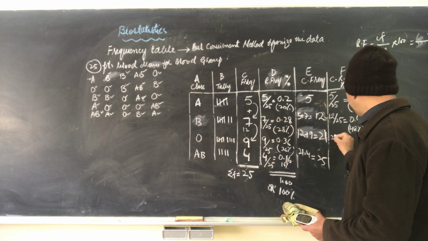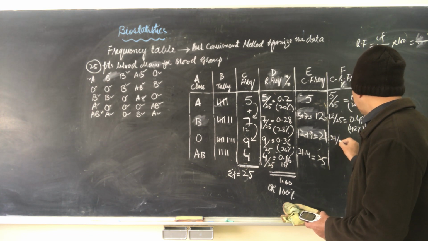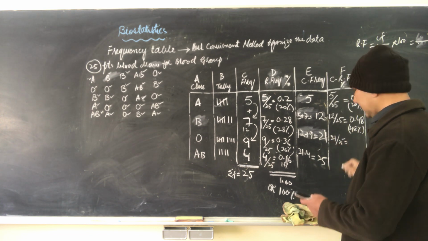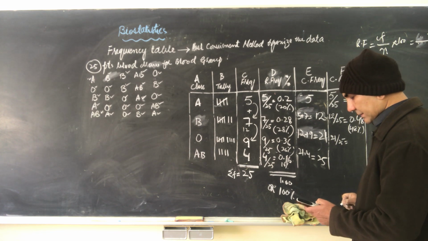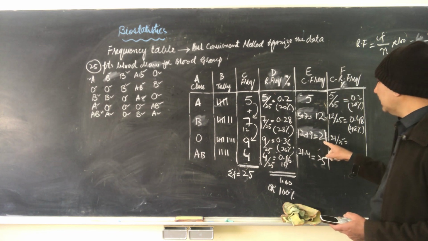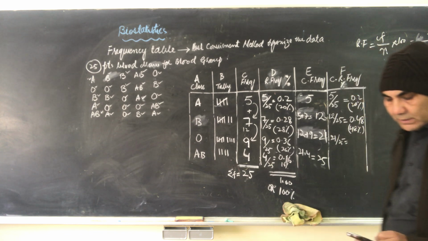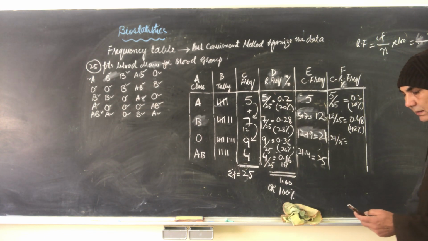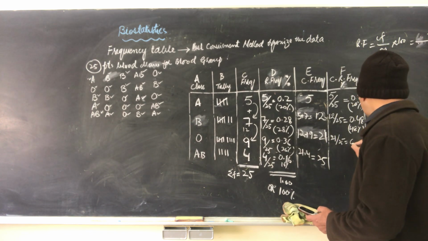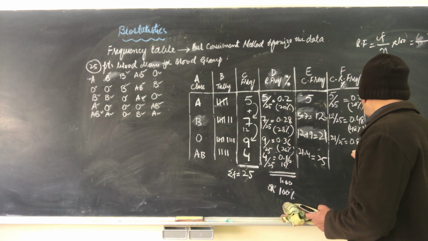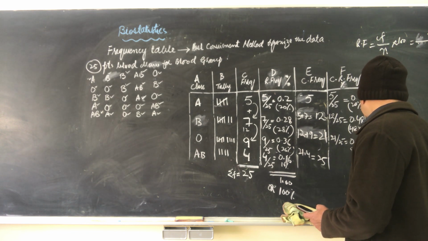Now 21 divided by 25: 21 is the cumulative frequency for the O group, divided by the total number of the frequency, which is 0.84, meaning 84%.